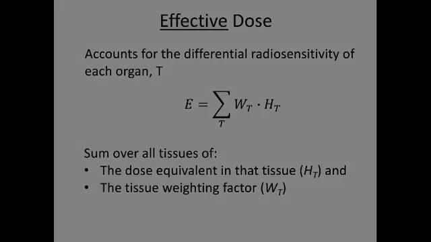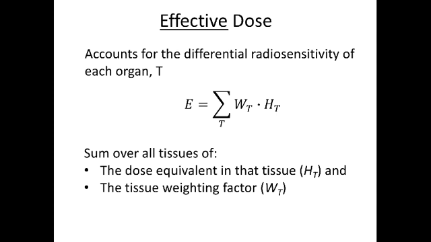Now we come to the concept of effective dose, which is different than dose equivalent. Basically, effective dose accounts for the fact that the radiosensitivity of each organ is different. When it's exposed to radiation, it responds in a different way depending on what the endpoint is, and so you have to account for that.